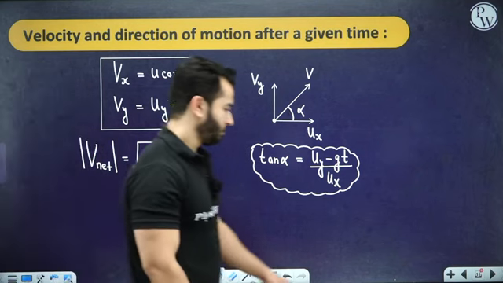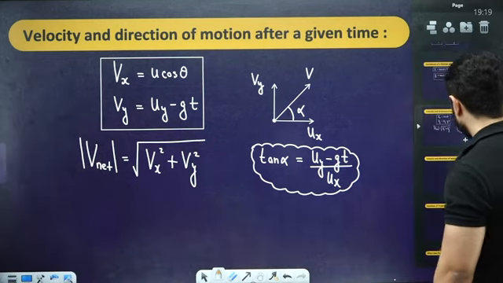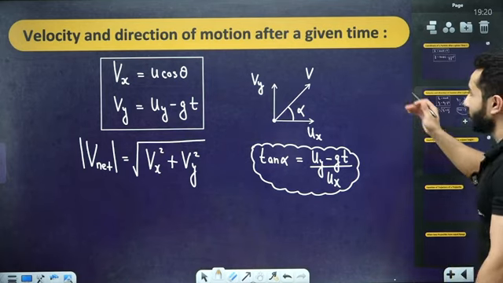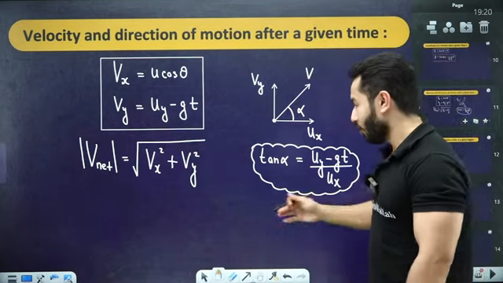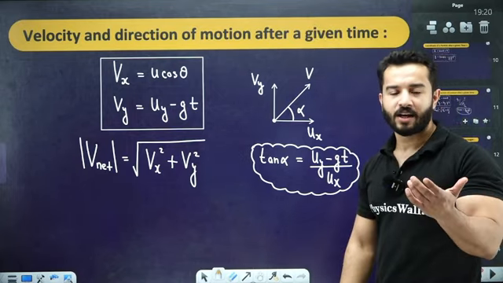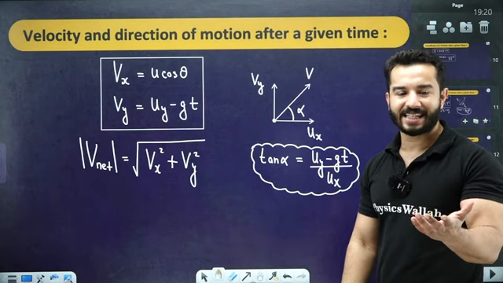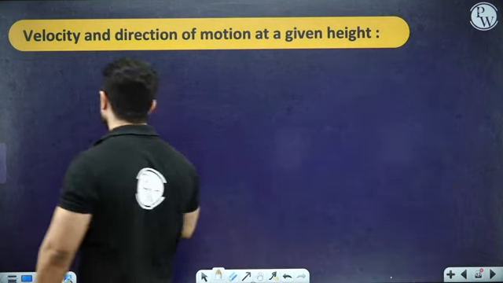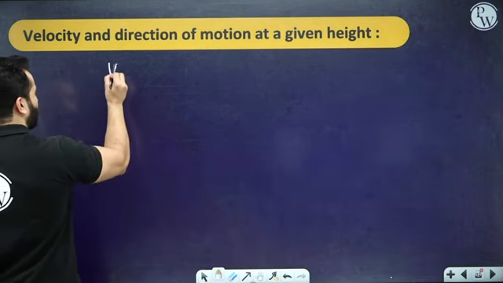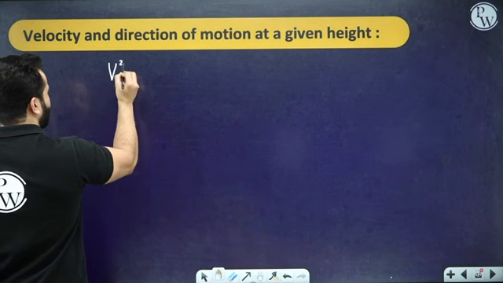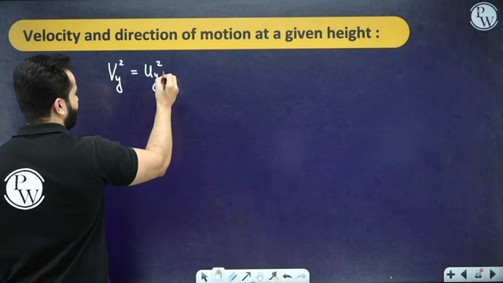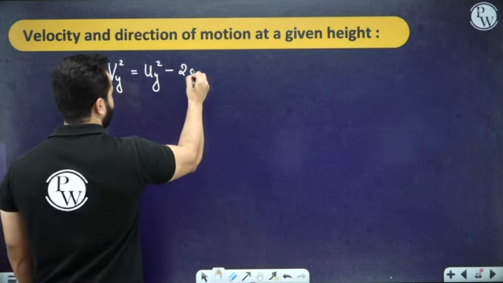Not so difficult. This was related with time. You can also talk about height. Then you are going to use the third equation. So at any height h, you are going to write Vy square equals uy square minus 2gh, at a certain height h.